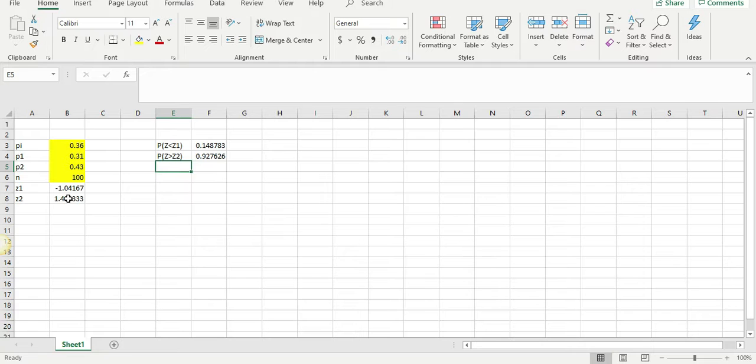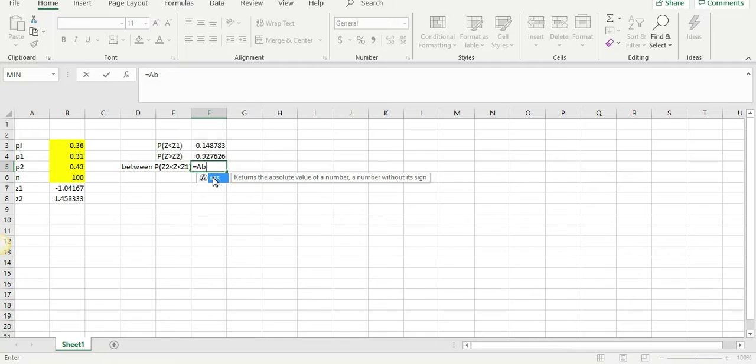Okay, now we need the probability that it's between. That's equal to the absolute value of the top one minus the bottom one.